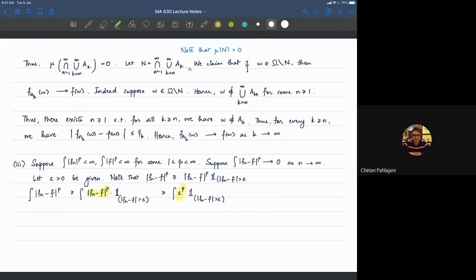However, what we do know is that on this set, which I've highlighted, it is true that absolute value of f_n minus f to the p is greater than or equal to epsilon to the p. So once I put these indicators, this statement is true. Because if both the indicators are 0, then you get 0 greater than or equal to 0, which is true. And if this indicator is 1, of course this indicator is 1. And that means your point omega is in this set. Now on this set, f_n minus f is greater than epsilon. So absolute value of f_n minus f to the p is greater than epsilon to the p. So this is a true statement.